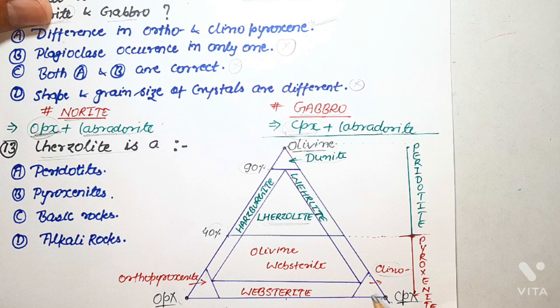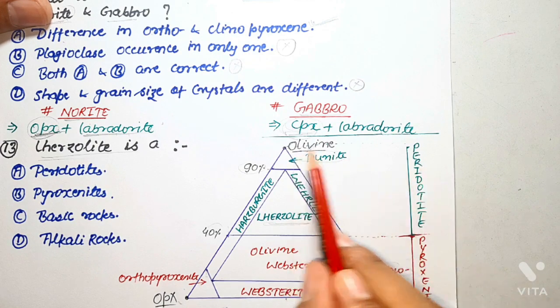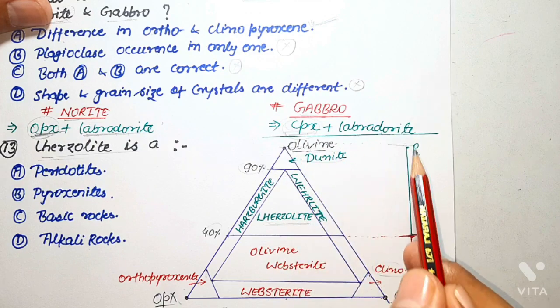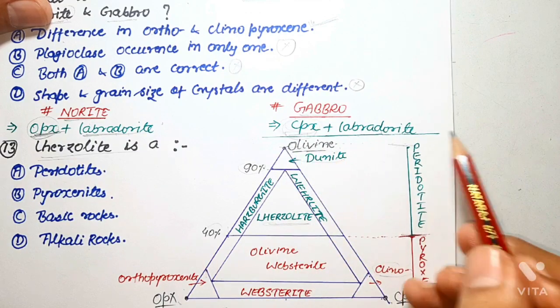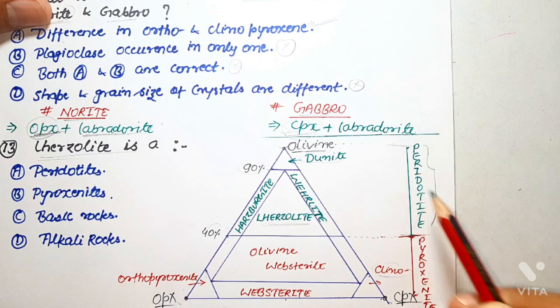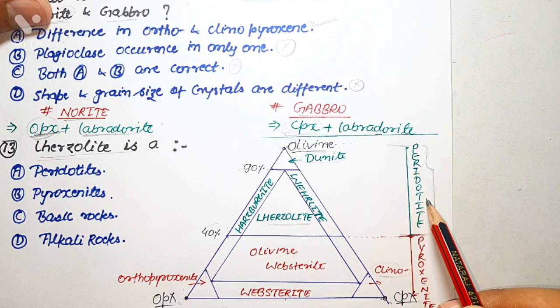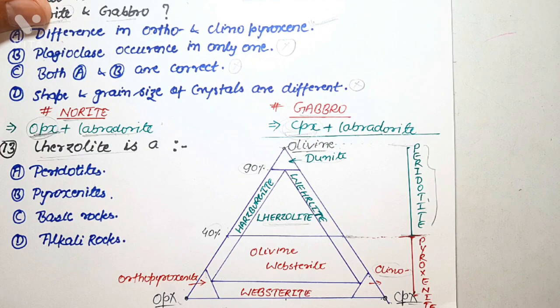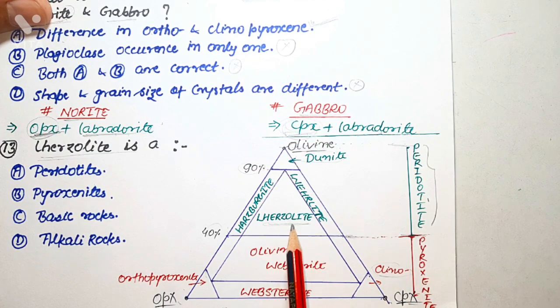Now coming to this part, from dunite to here is 40%. The rocks that come under this part are known as peridotite, while below this 40%, in which olivine is less than 40%, these rocks are known as pyroxenite. And lherzolite comes under peridotite.